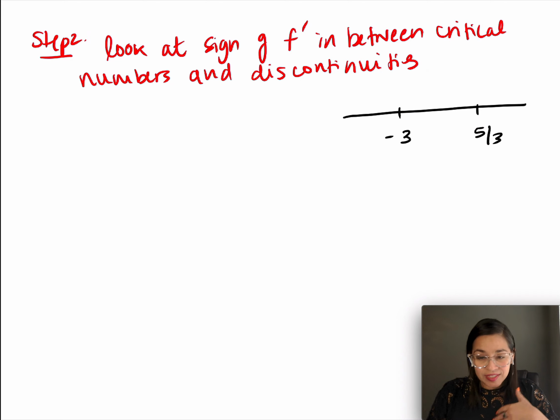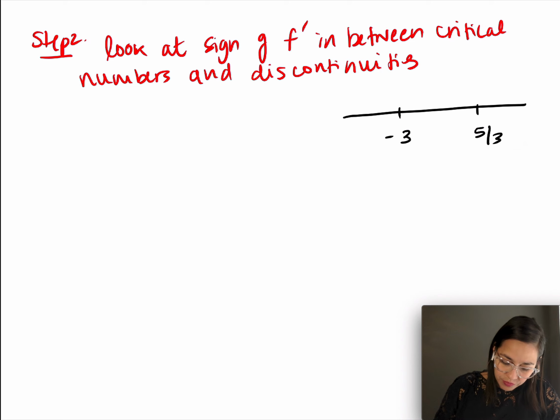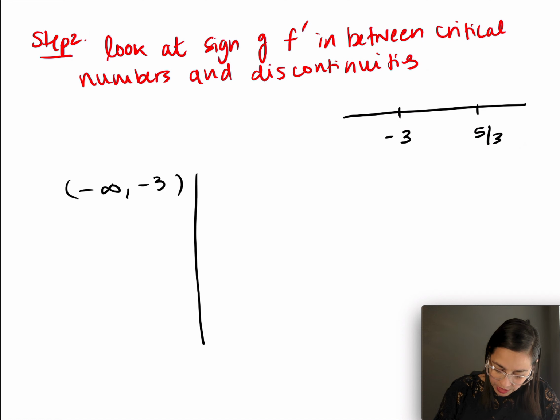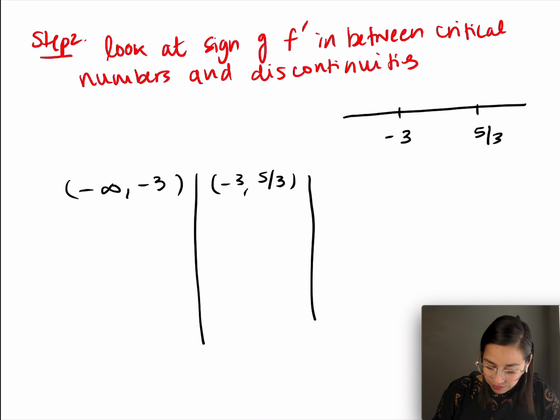So we take test values: a number before negative 3, we plug it into the derivative, whatever sign we get, that's the sign of the derivative in that interval, and we do the same for the other two. So let's just do it. I'm going to go from negative infinity to negative 3, then from negative 3 to 5/3, and then from 5/3 to infinity.